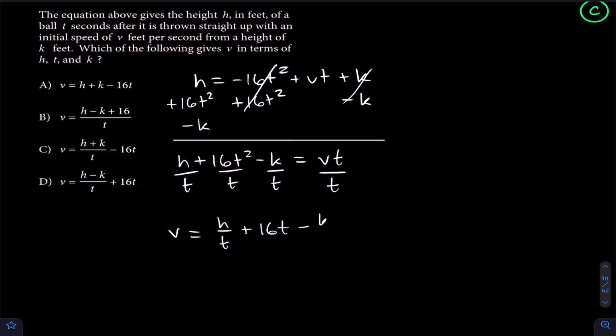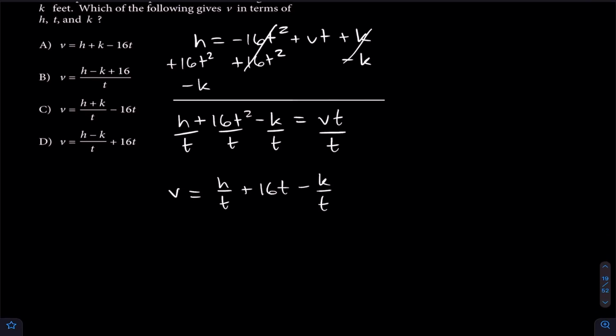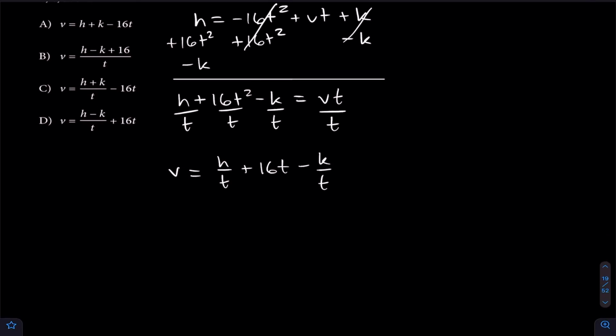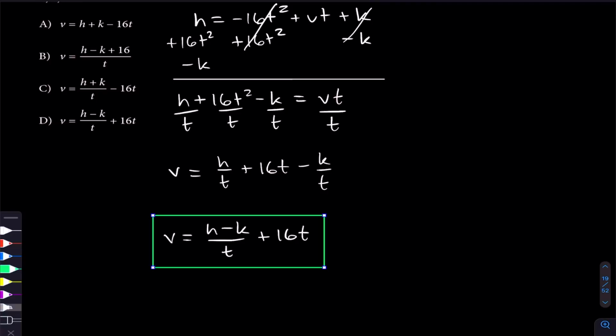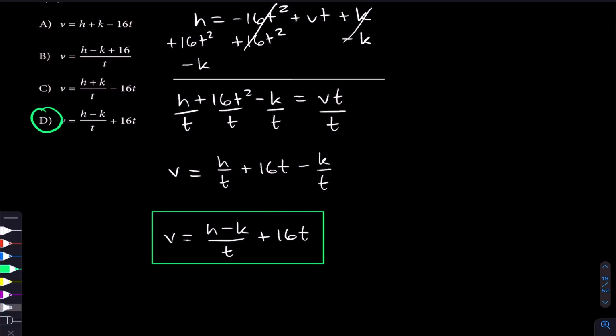And then we have that minus k over t on the end. And we can simplify this a little bit more. Since we have two fractions with common denominators, this can be written as h minus k divided by t plus 16t. And that right there is our answer. That's choice D.